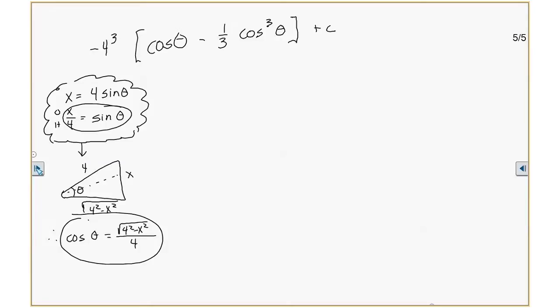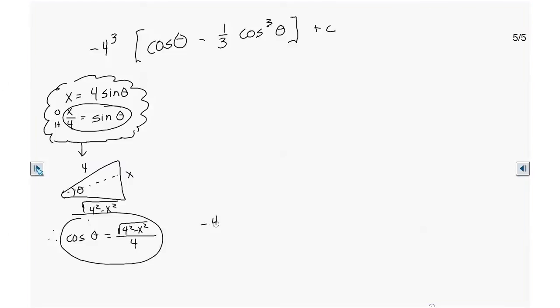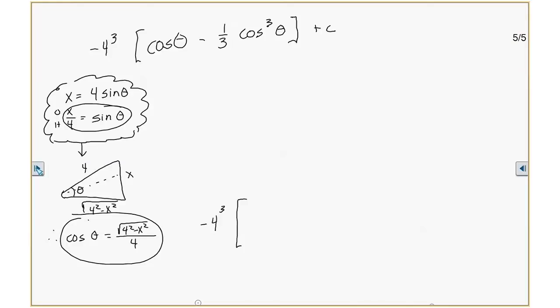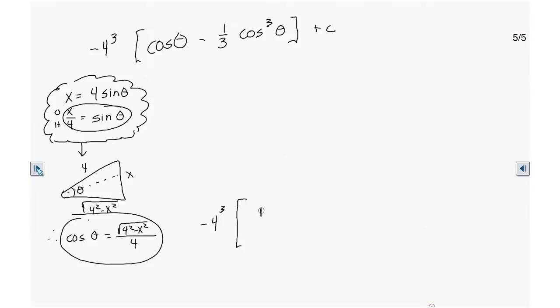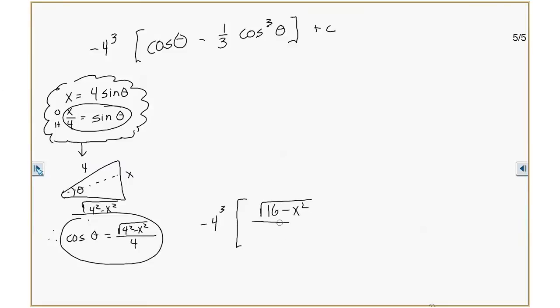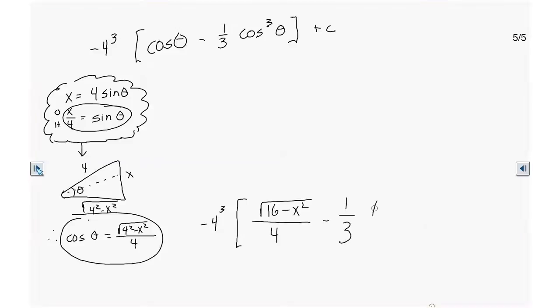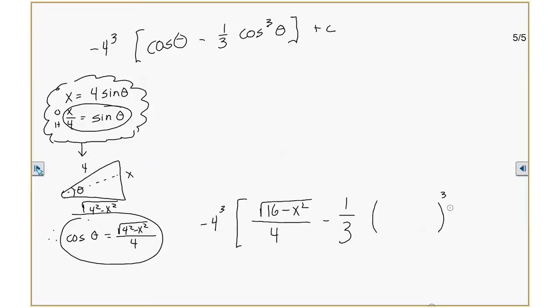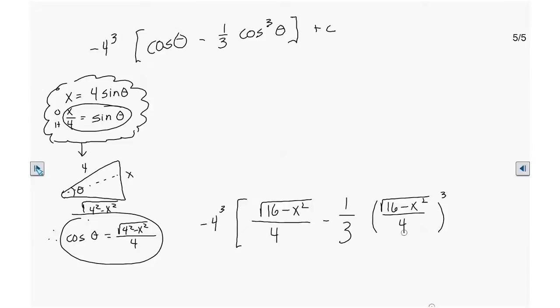So, -4 cubed, and what is cosine of theta? Square root of 16 minus x squared over 4 minus 1/3, and I'm just going to put this in parentheses, raised to the third power, square root of 16 minus x squared over 4 plus c.